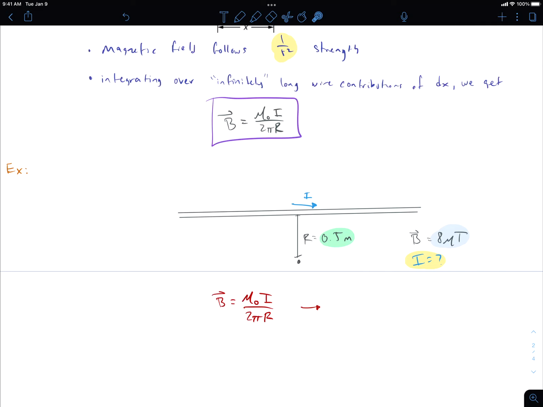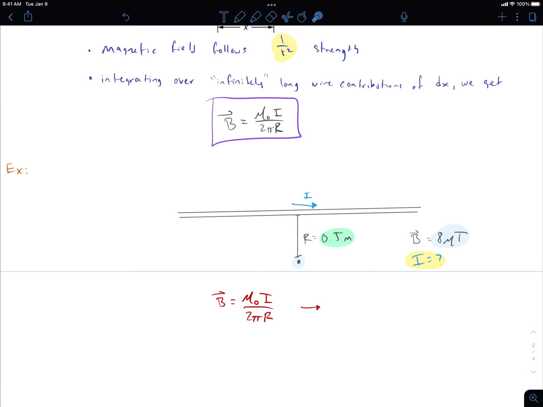So this one, I'm going to flip it a little bit on you. Instead of looking for the magnetic field as we did in the previous examples, I want to ask, if you measure the magnetic field right here at this point and you measure that it is 8 microtesla, okay, micro, be careful with your prefixes here, then what is the current in this wire? So this will be the example we work with here.